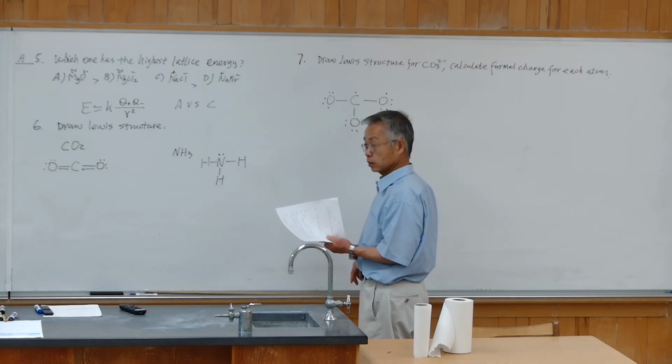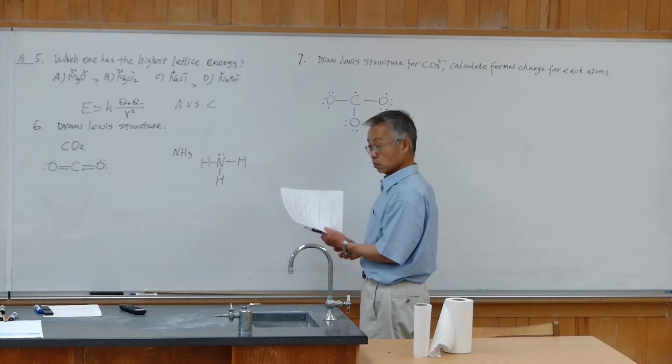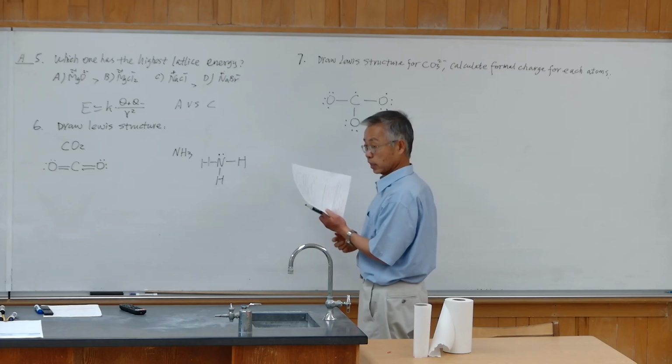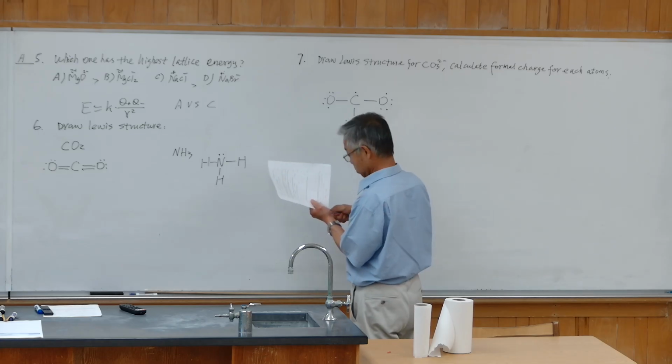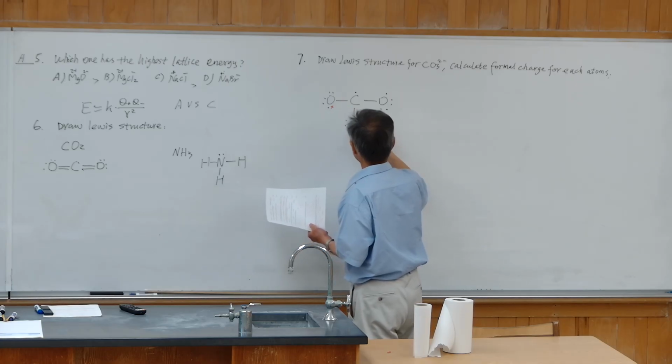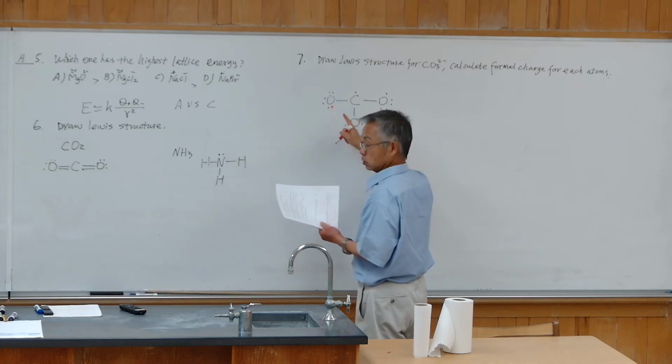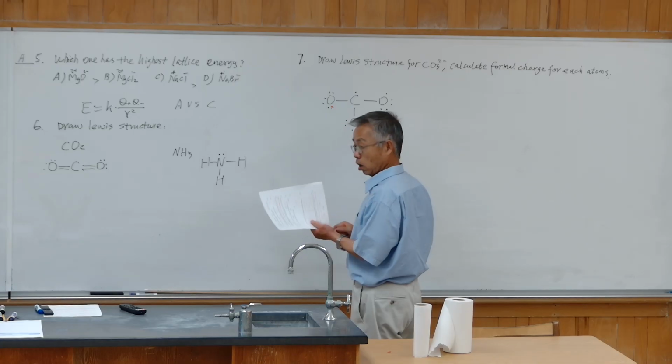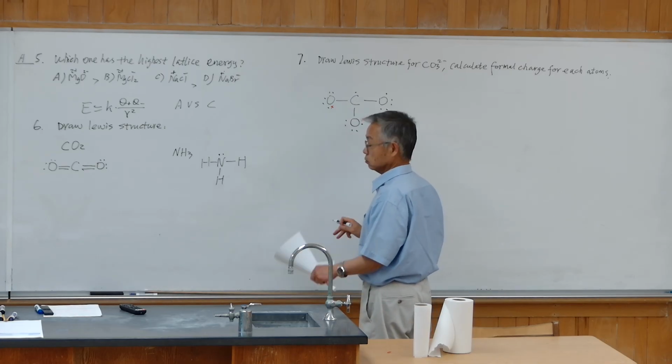Why? Because oxygen is more active nonmetal, with a strong tendency to gain electrons, right? So of course they are gained by oxygen, not by carbon. So we can assign them to these 2 oxygen.